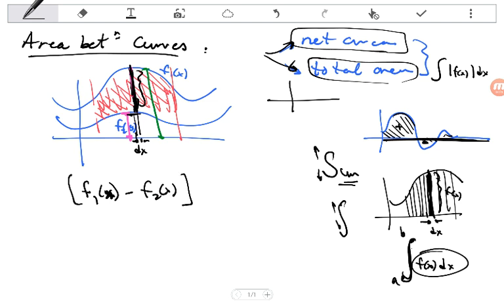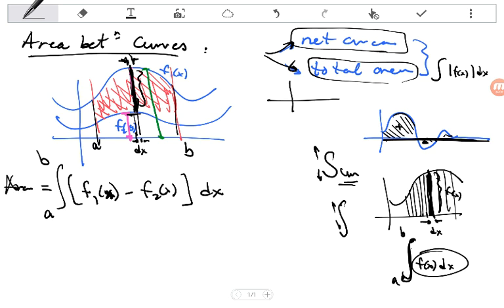So this is the height of the strip, and I multiply it by its base, which is dx. Then I integrate from the starting to the end, which is a to b. So now this is just the law that we will use to find the area between two curves.